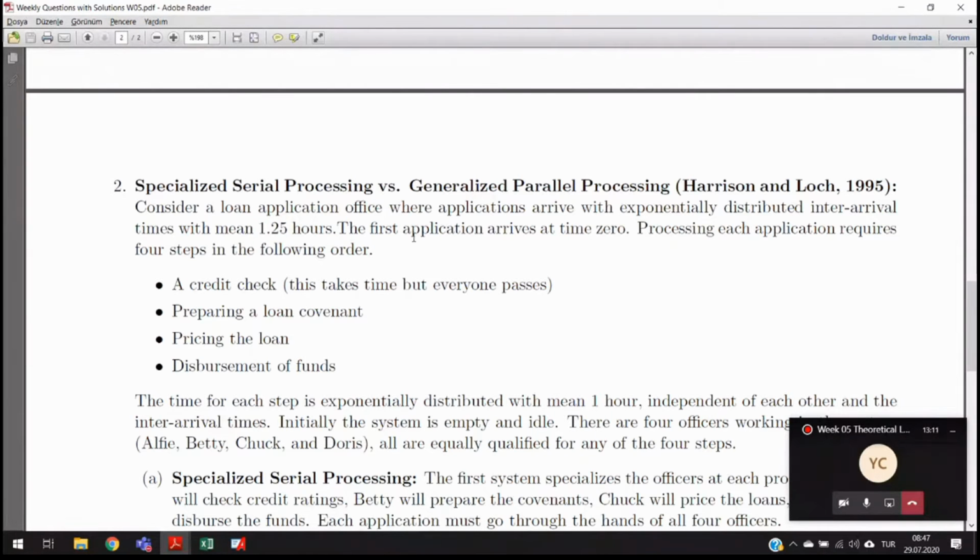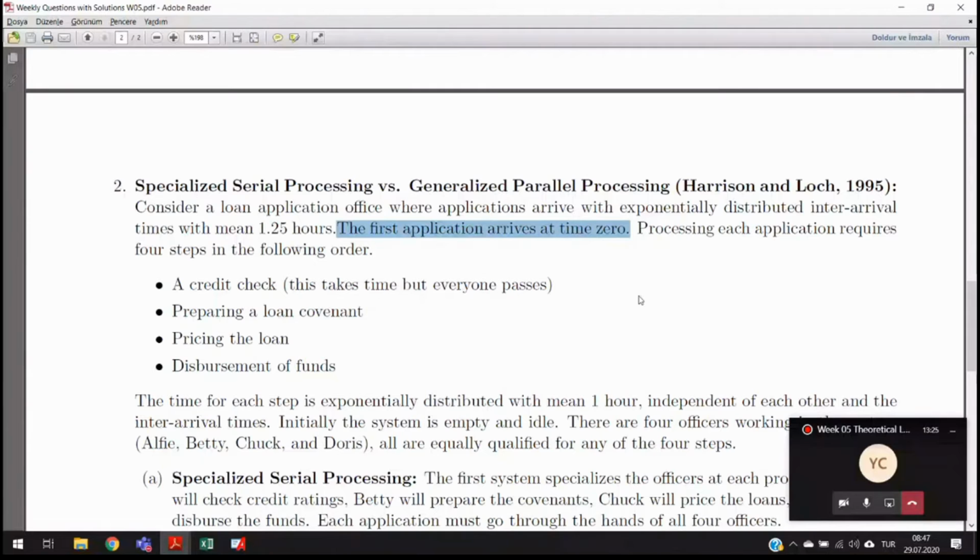We assume that the first application arrives at time 0. So the simulation will start when the first application arrives. By that we assume that at time 0, the first application arrives, and each application in the loan office is going to be processed by these four steps in the following order.